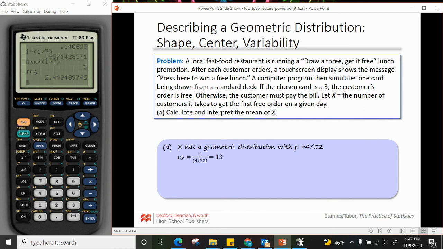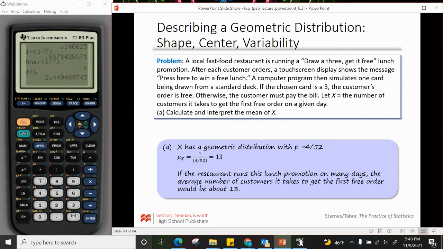So the mu is just going to be 1 divided by 4 divided by 52, which is 13. So we'd expect it to take about 13 people to get the first win of the day. So if the restaurant runs this lunch promotion on many days, the average number of customers it takes to get the first free order would be about 13.